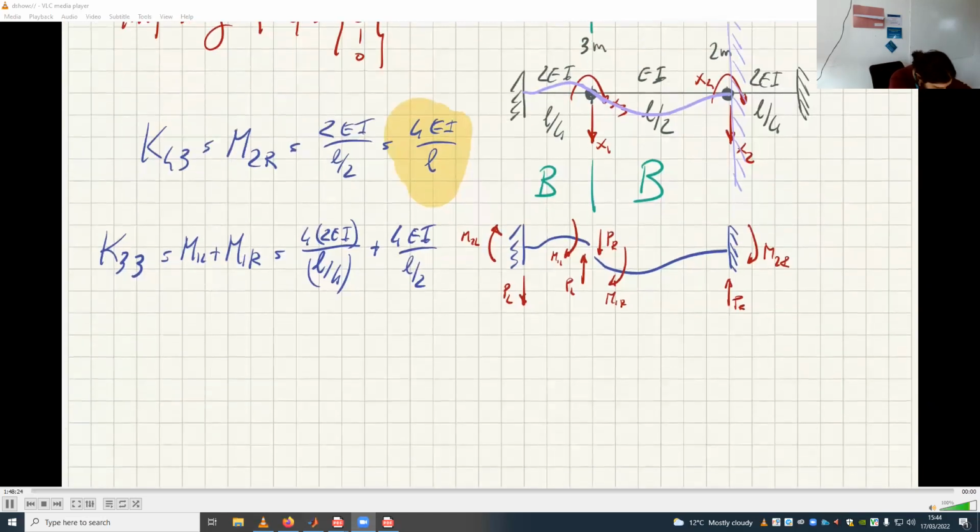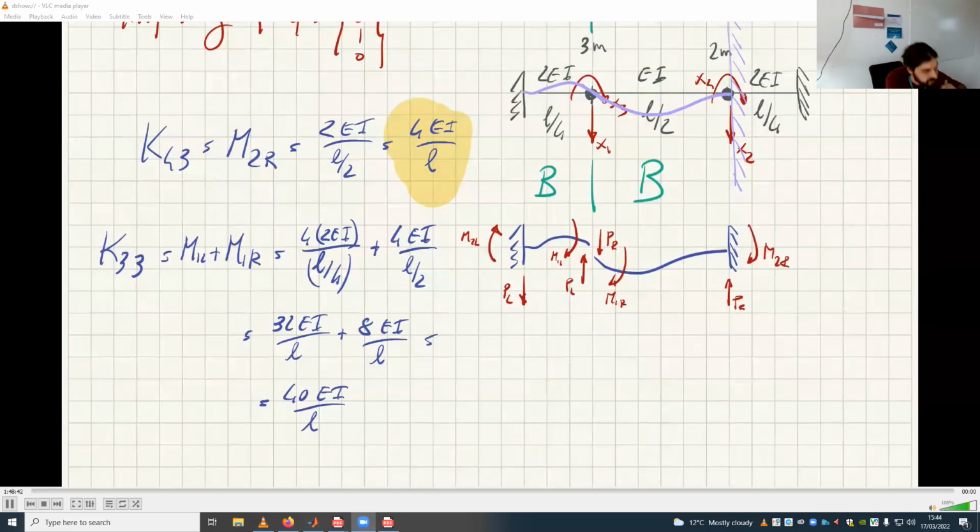So this is 8 times 4 is 32. This gives me 32EI over L plus 8EI over L. So in the end you get 40EI over L for K33.